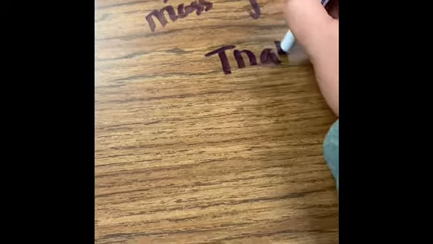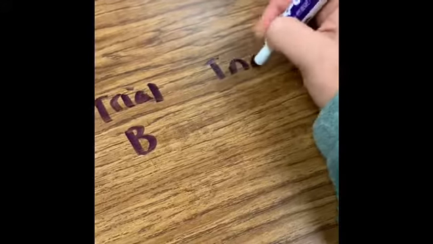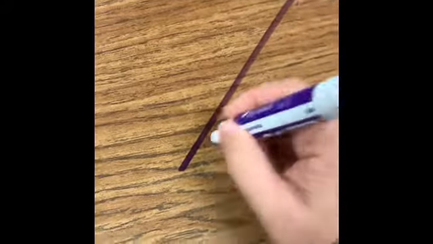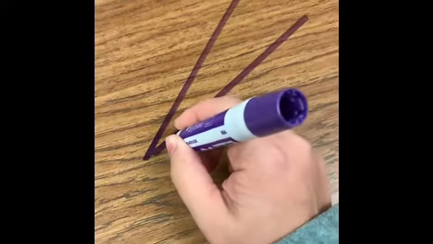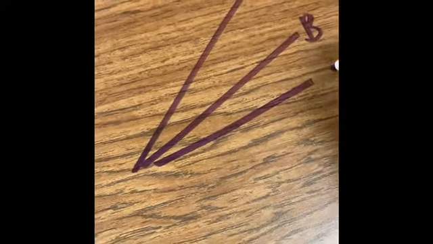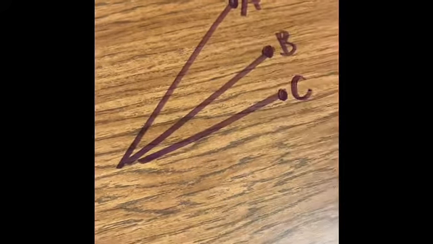Trial A for the tallest ramp, trial B for the middle ramp, and trial C for the bottom ramp. So if you wanted to make a diagram, you've got 3 ramps here, A, B, and C. And we're calculating the potential energy at the top of those ramps.